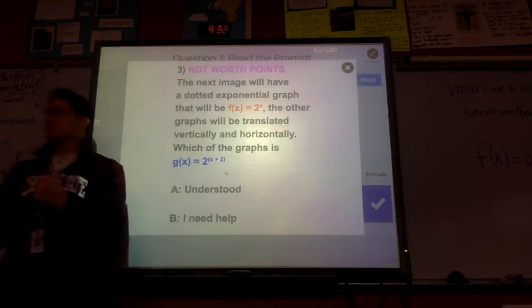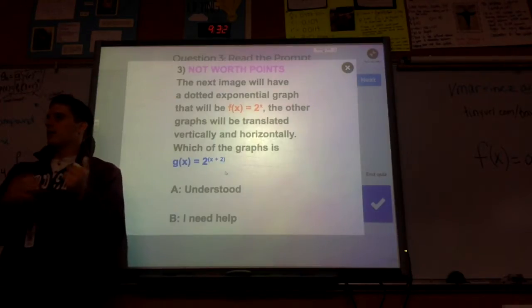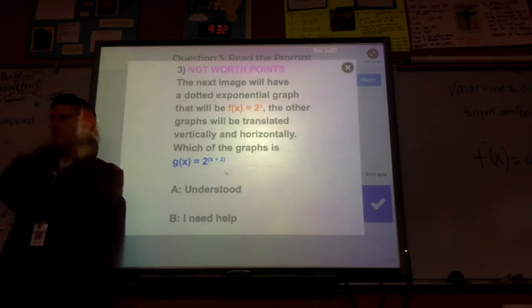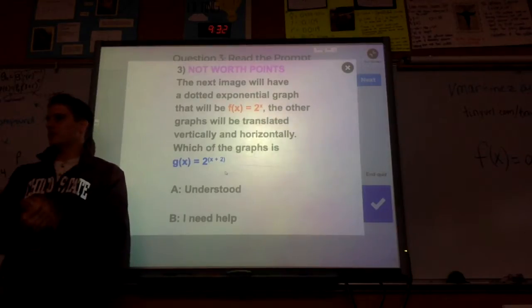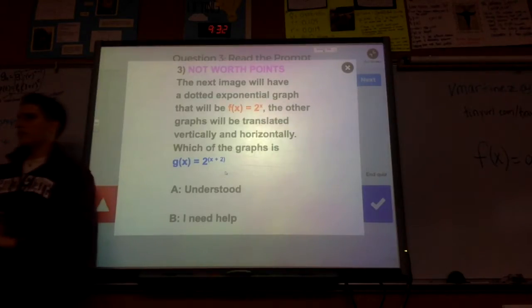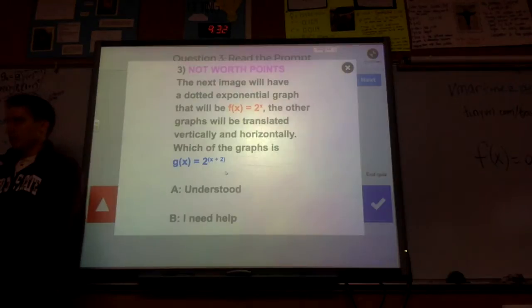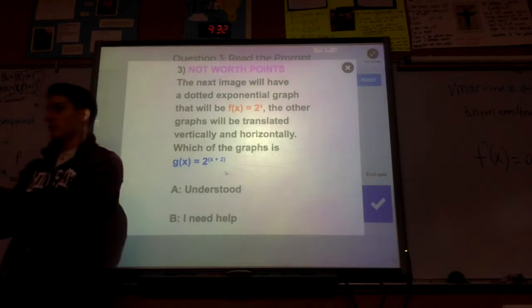You're actually going to go 2 to the left, and so it would be like moving the graph to the left 2 units. So if it's plus, it goes to the left. If it's minus, it goes to the right. On the horizontal movement, yes. Vertical movement is not counterintuitive. It's very intuitive. So the plus 2 goes up, the minus 2 goes down.